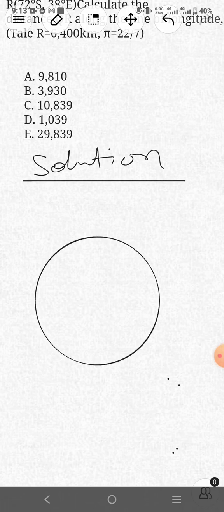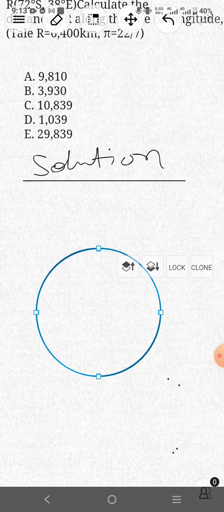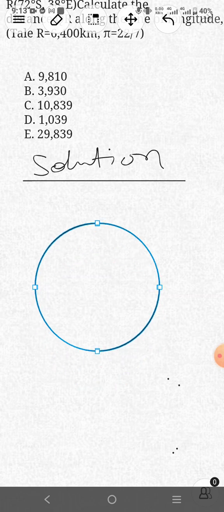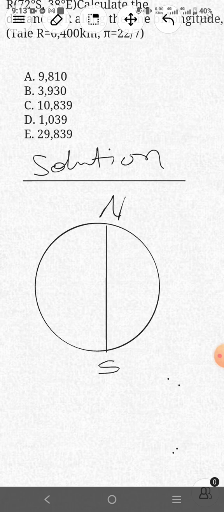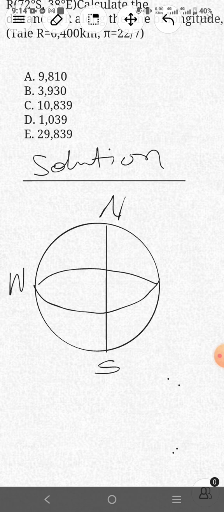Here is north and south. Here is the latitude. Here is west, and here is east. Do you see that?